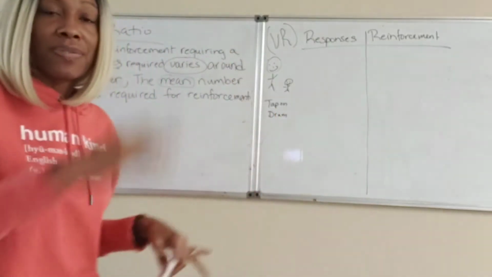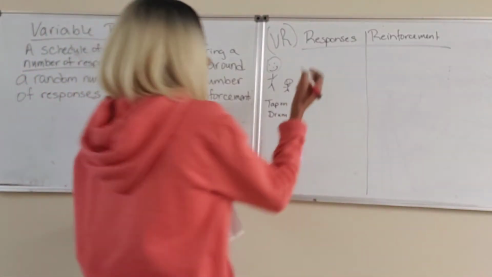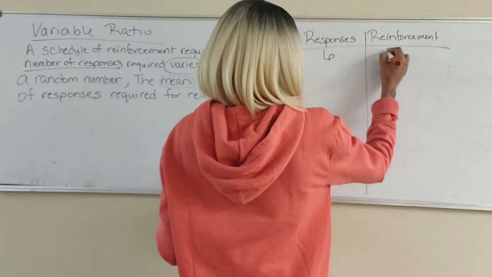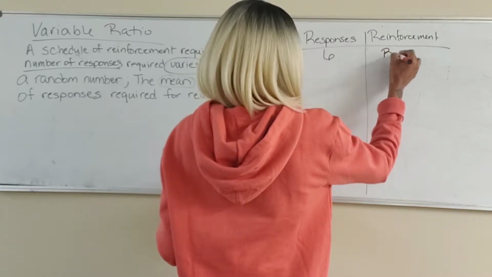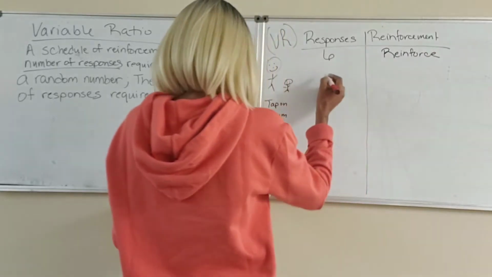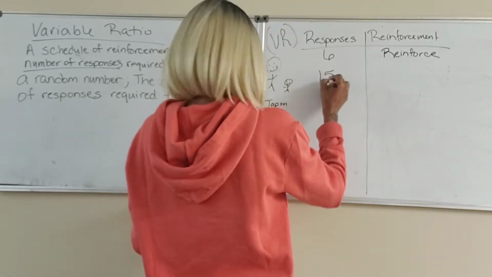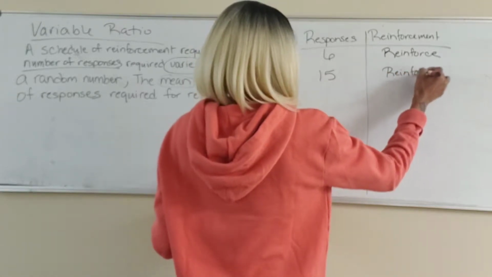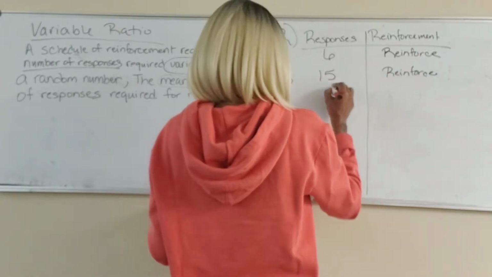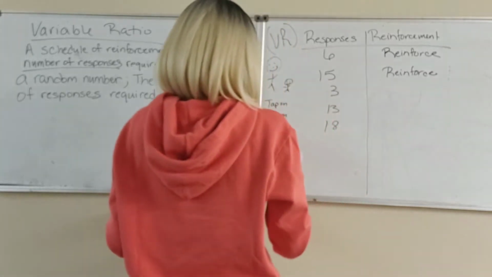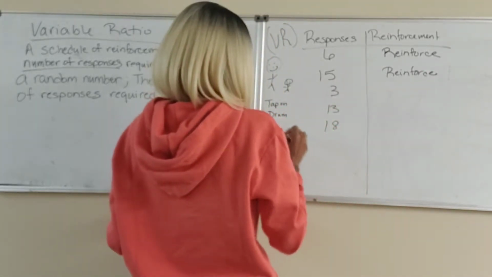So the response is for them to tap on a drum. So here, let's say they have to do it 6 times, and then they'll get reinforced. And then they have to do it again 15 times, then they'll get reinforced. 3, 13, 18. And this is going to be a VR10.